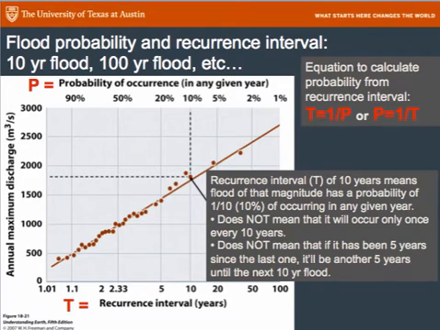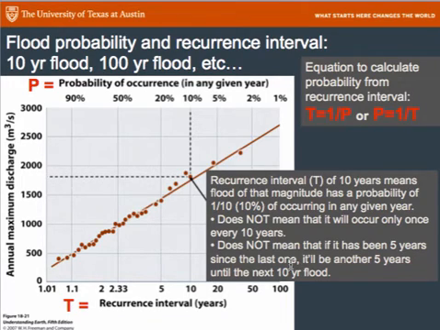So this is a graph, and you're going to create this kind of flood map yourself, but this is a graph that shows the size of annual floods. Each one of these dots is a flood. And so you take the floods and how quickly they happen, you put them on a graph like this, and you find out the recurrence interval of every 10 years is a 10-year flood, and in this particular set of data, the size of a 10-year flood is about 1,750 or 1,800 cubic meters per second of discharge.